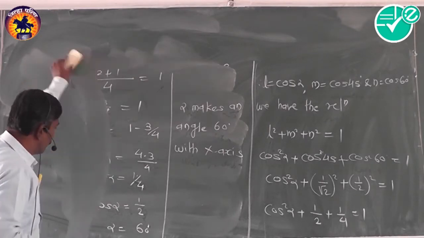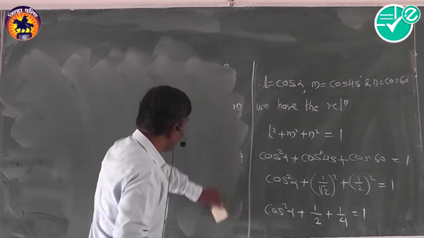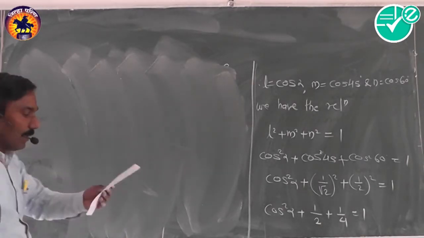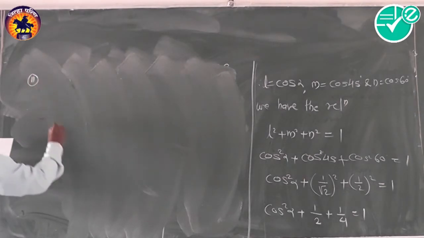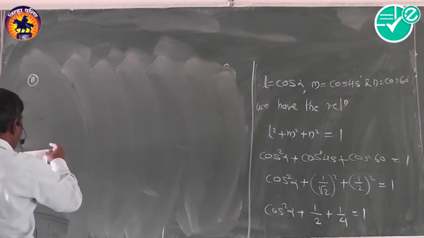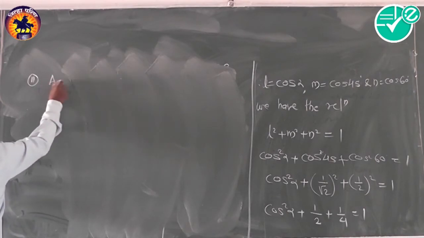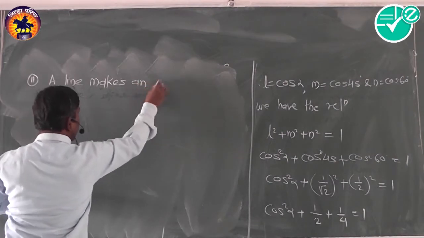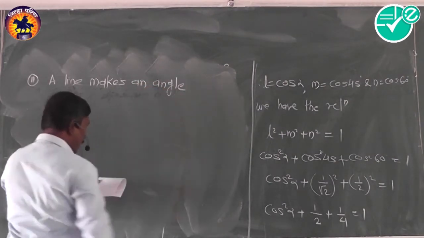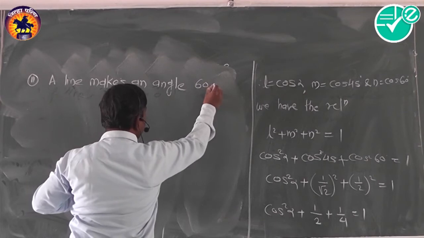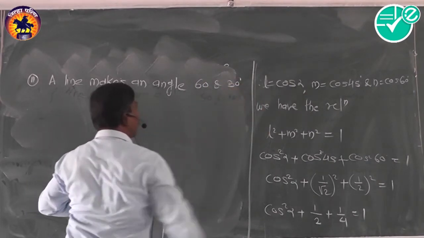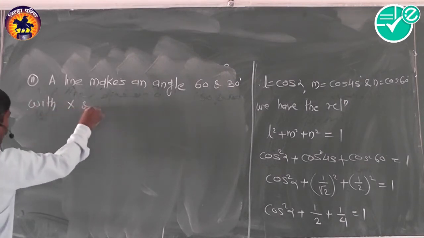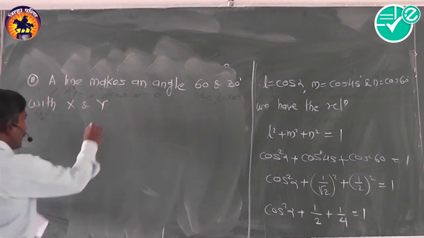Now the second example: a line makes angles of 60 degree and 30 degree with the x and y axis respectively.